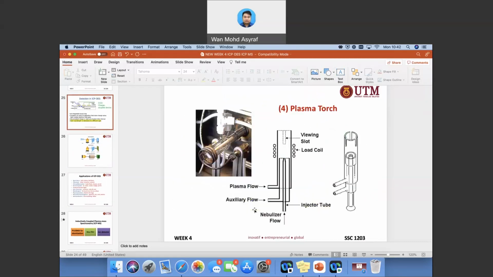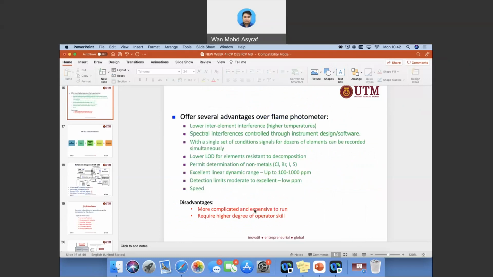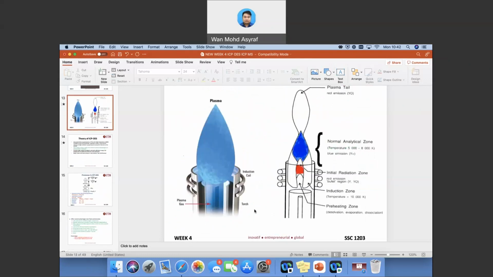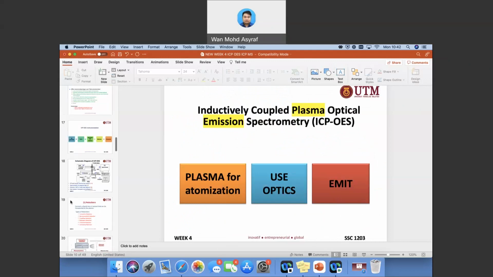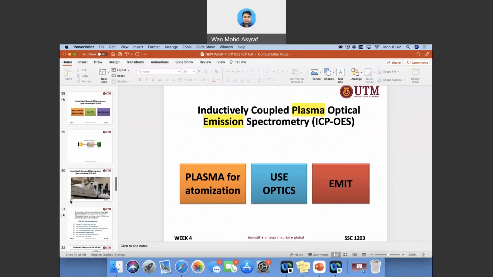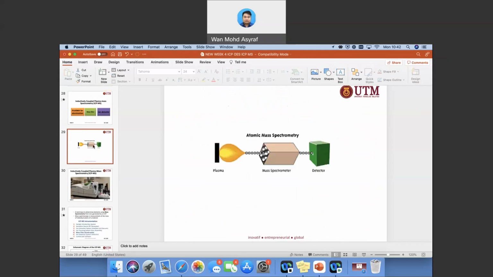For ICP-OES, let's look back. It uses plasma for atomization, but it uses optics and then emission. But for ICP-MS, it uses a mass filter and then an ion detector. All right, let's look at it.